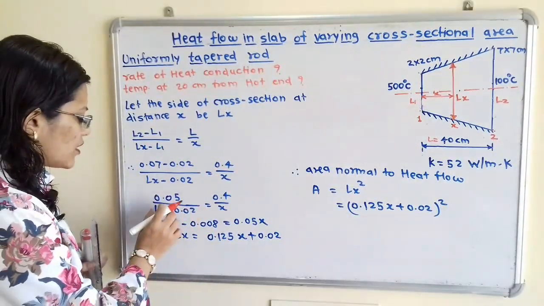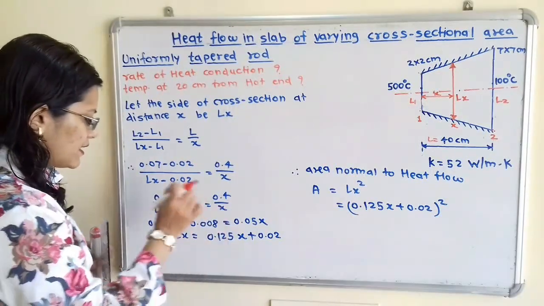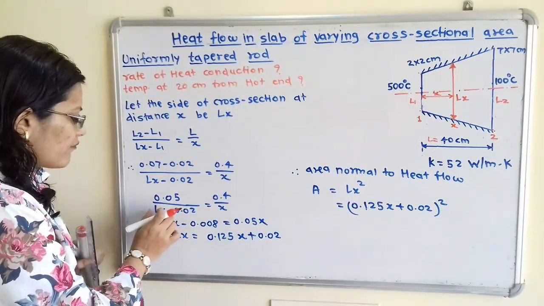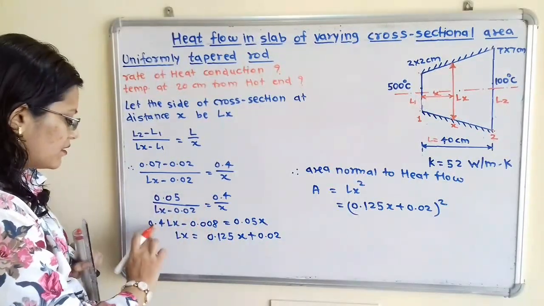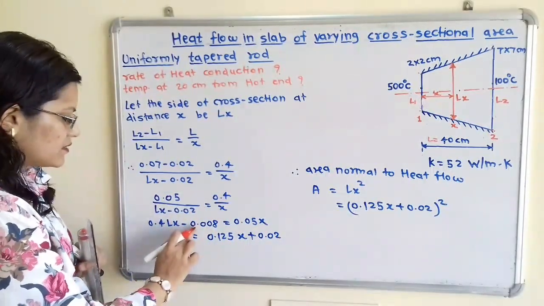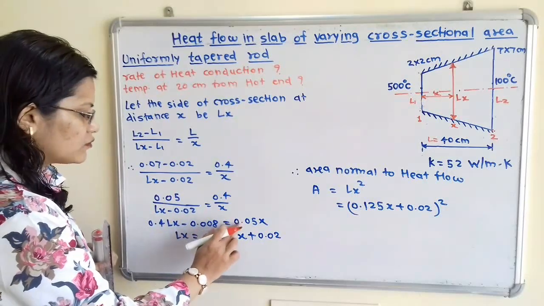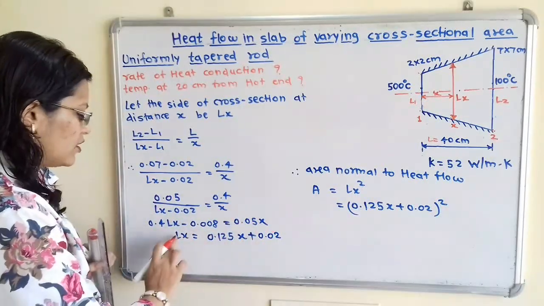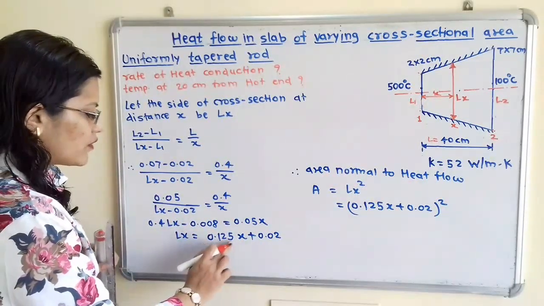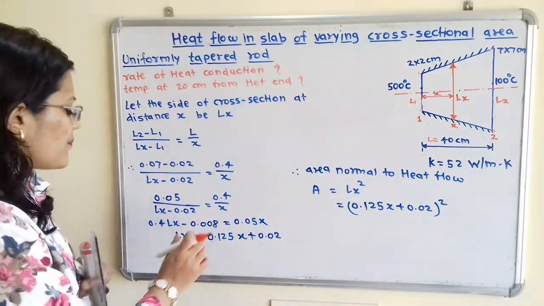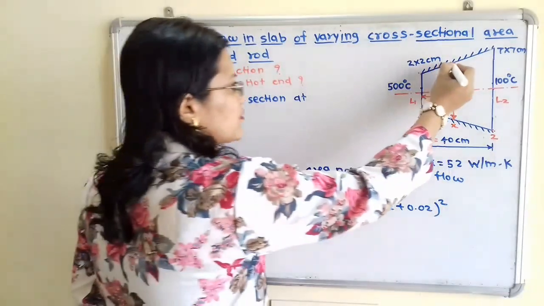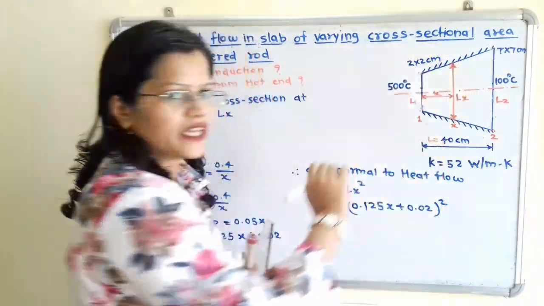Now here two unknowns are present, Lx and x. So we will find the value of Lx. By cross multiplying, 0.4 Lx minus 0.008 is equal to 0.05x. So Lx is equal to 0.125x plus 0.02. So this is the one side of this square cross-section.